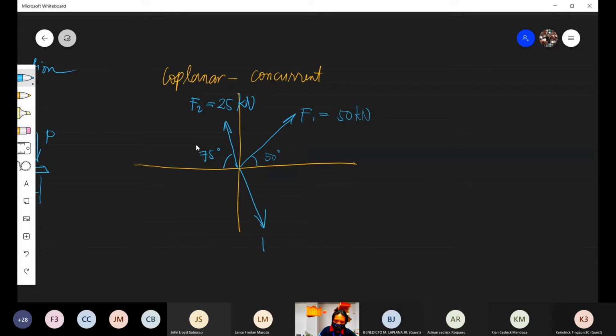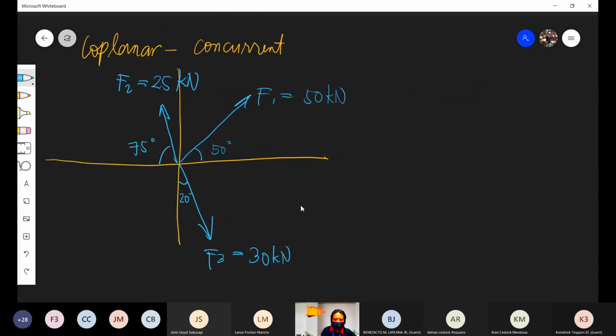Let's name this force F3. And say this is 30 kilonewton, and the angle it makes with the vertical is say 20 degrees. Can you see it? Can you see what I wrote?